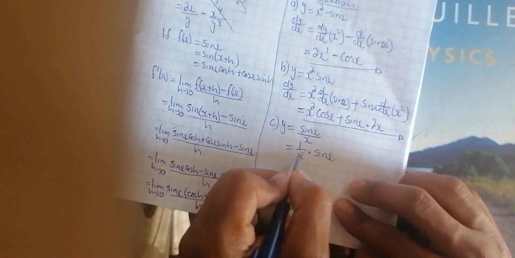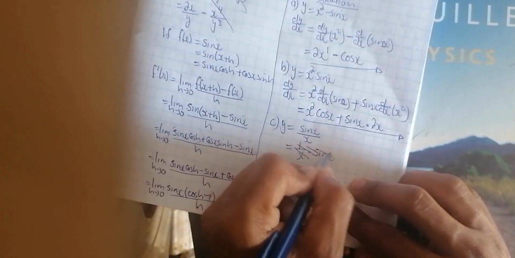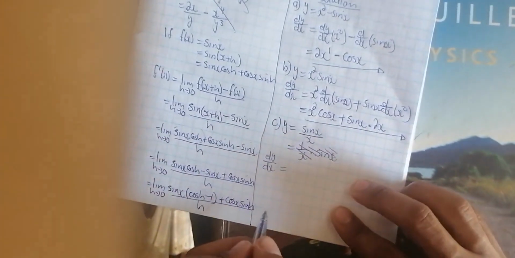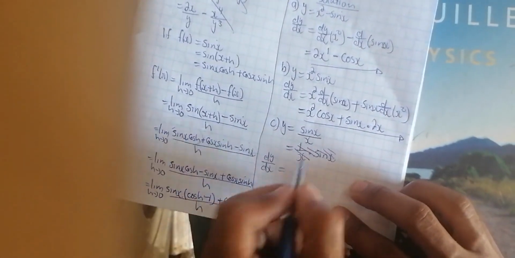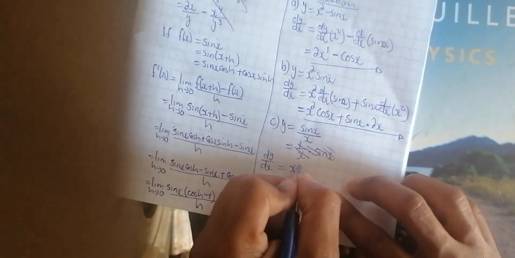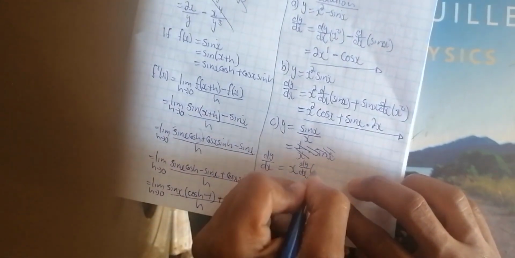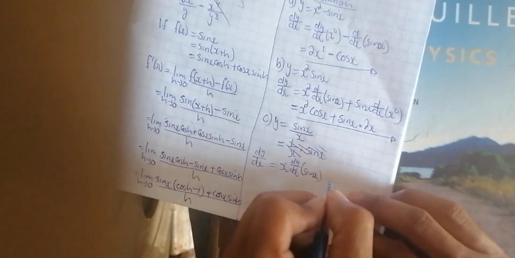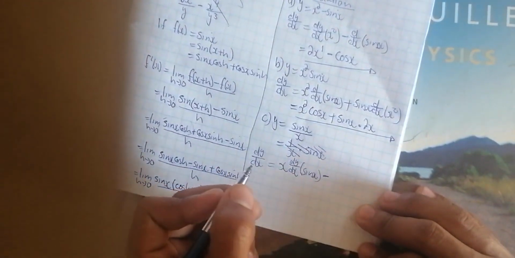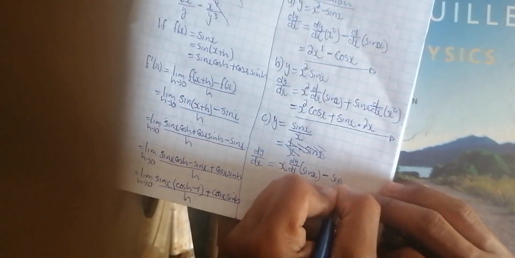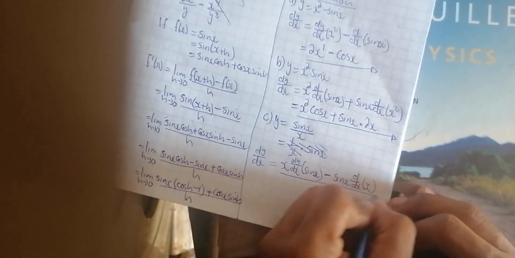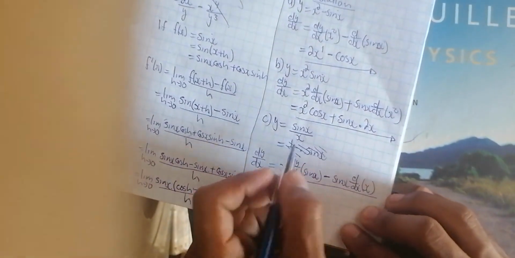And then what does it say? I'm going to say dy over dx is equal to. So what you do in here, you hold on x, very important, then you differentiate sine x, you use minus instead of addition. Now we're holding on sine x and we are differentiating x, and then you divide by the denominator squared.